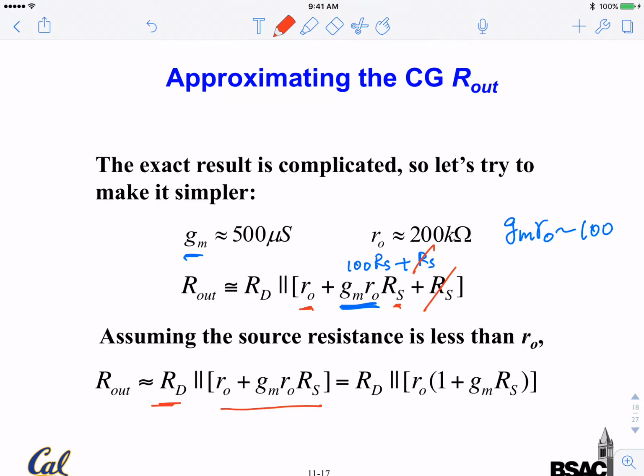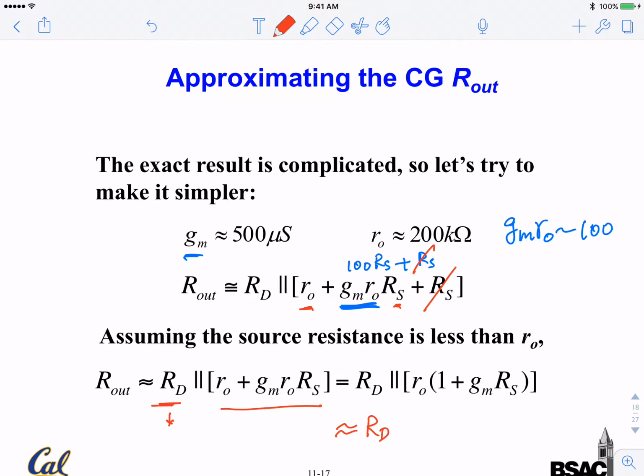Okay. And now, since they are in parallel, we mentioned RD is likely to be a few kilo ohm. So the resistance here is likely to be just RD. Right? All this big output impedance is overwhelming. On the other hand, you can design a circuit.